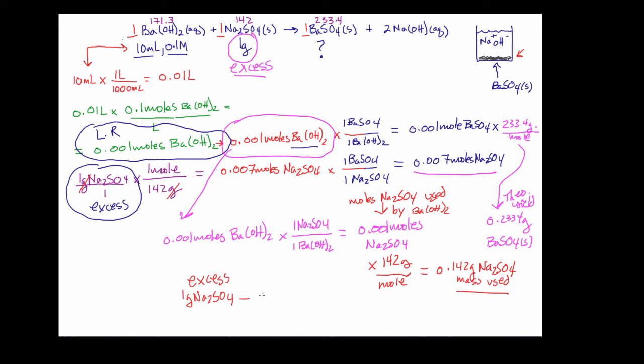We're going to subtract from it the mass of the Na2SO4 that was used up, and this is going to equal the mass remaining, which is going to be 0.858 grams of Na2SO4 that remains unreacted.